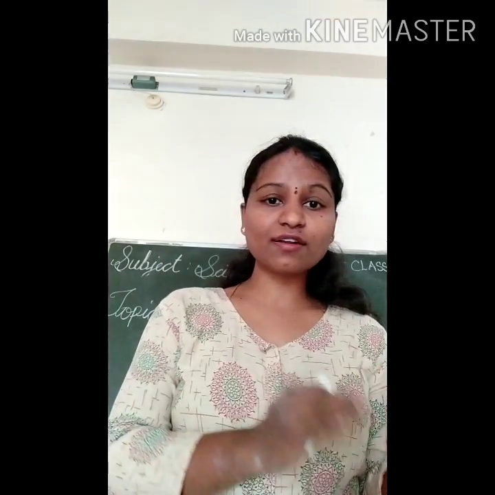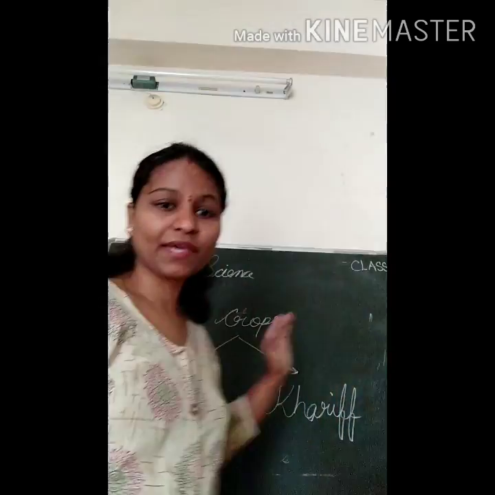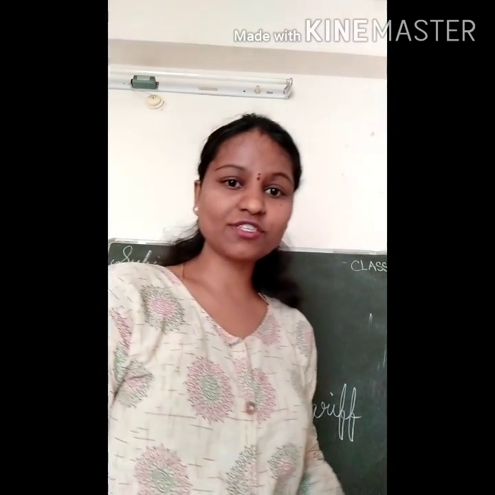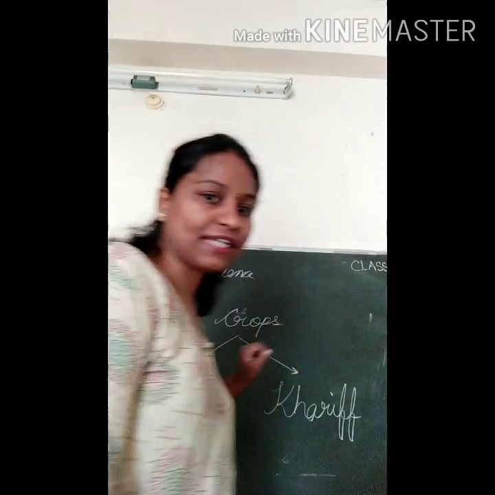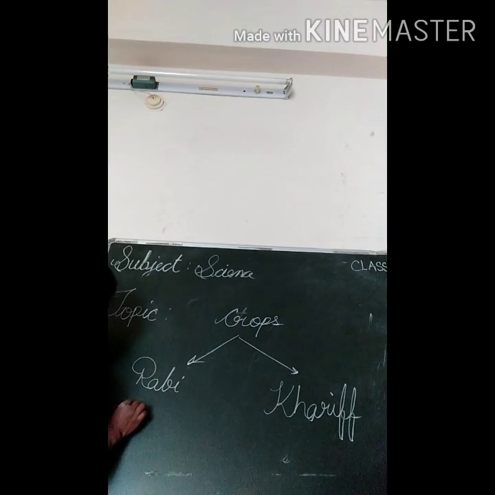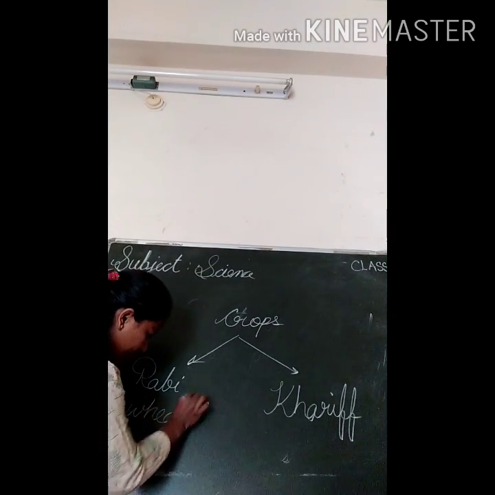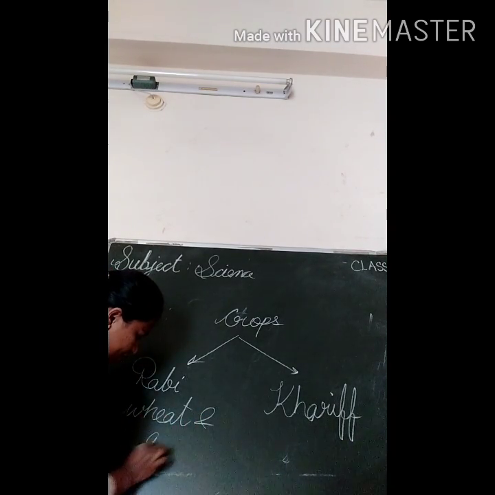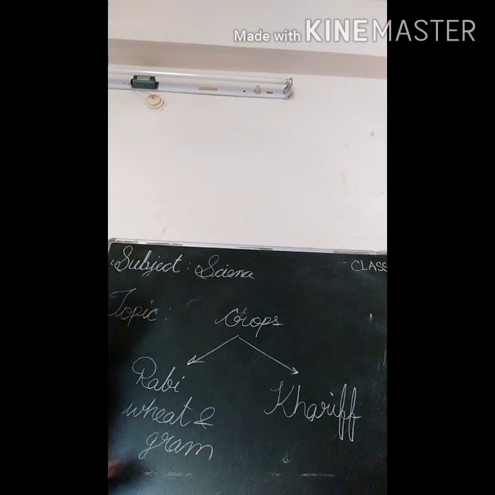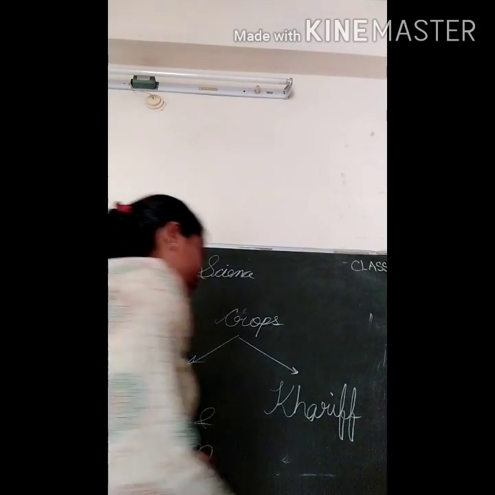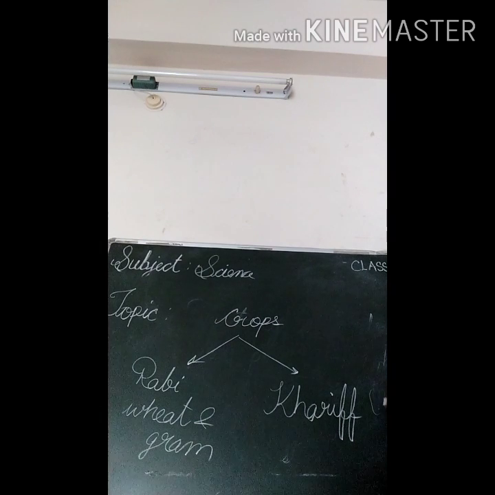So different factors depend upon the Rabi and Kharif crops. Now take the examples for the Rabi crops, that is wheat and gram. It can be any gram, like Bengal gram. And Kharif crops like rice, jowar, maize. These all are Kharif crops.